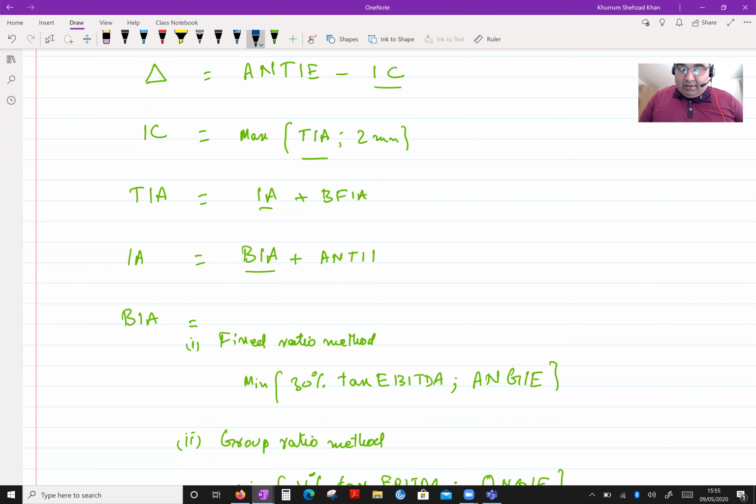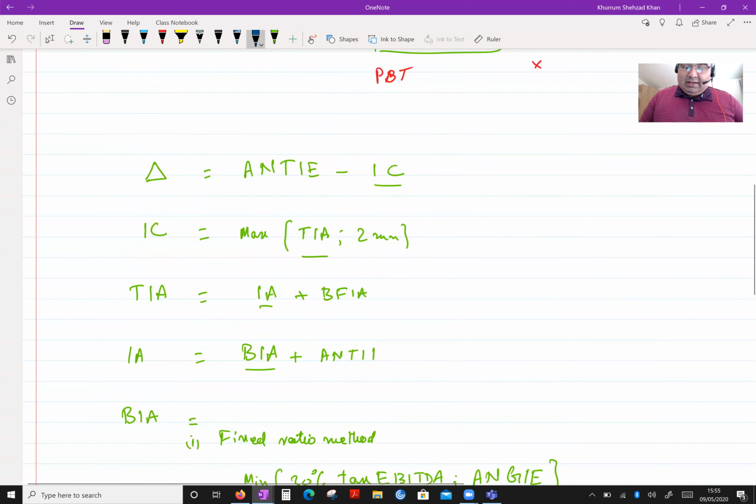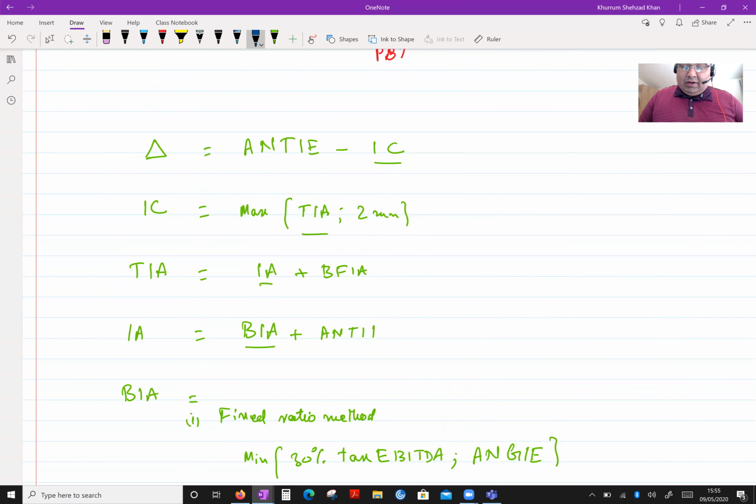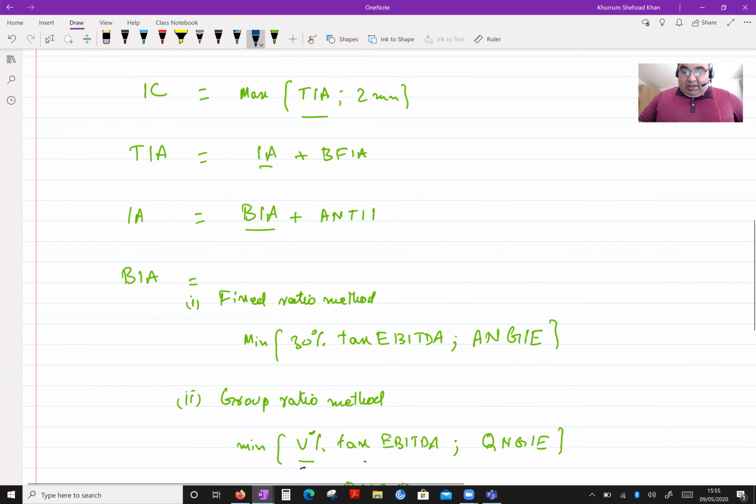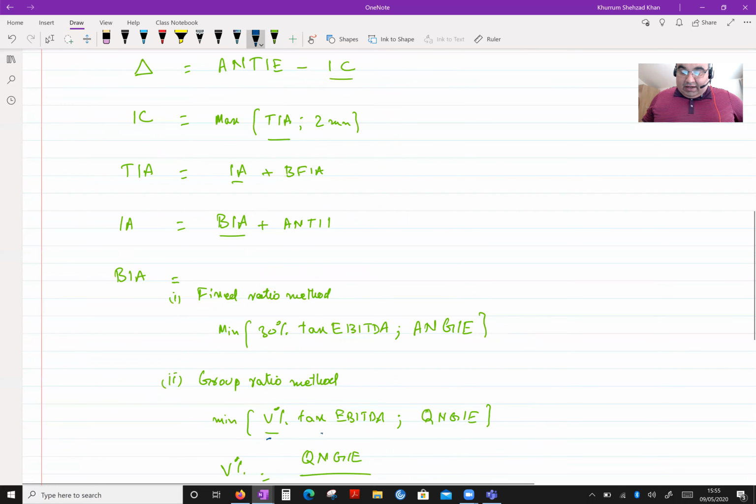Then you compare the total interest allowance with the 2 million. If it's more than 2 million, the total interest allowance will be your interest capacity. Your total NT minus this interest capacity will be your total disallowed amount in this current period. So that is a quick overview of your CIR calculation.